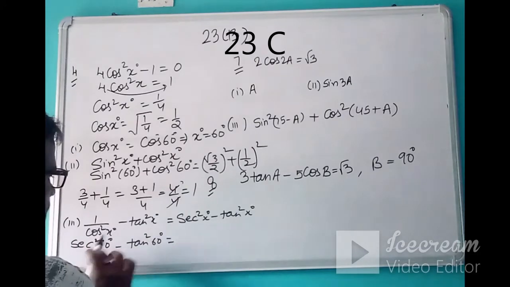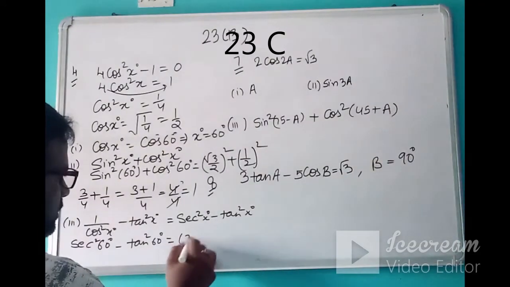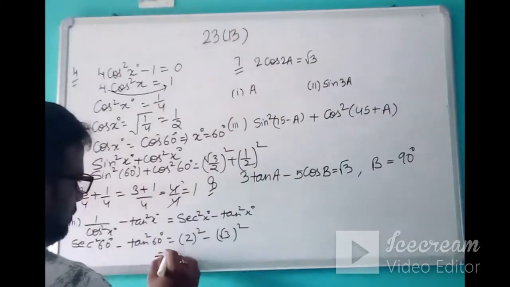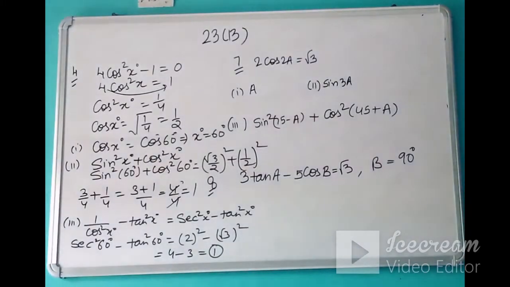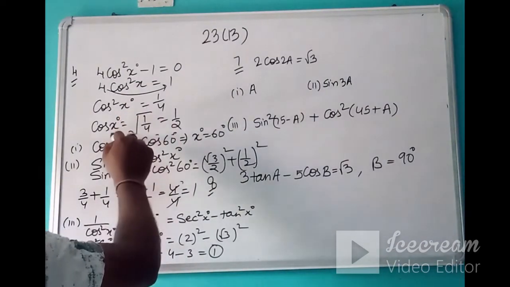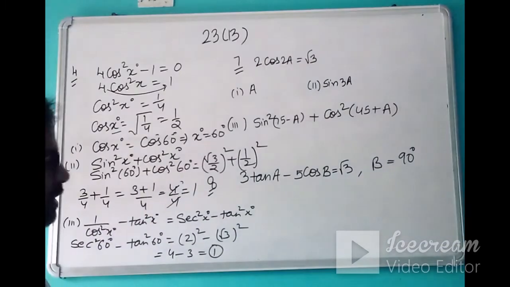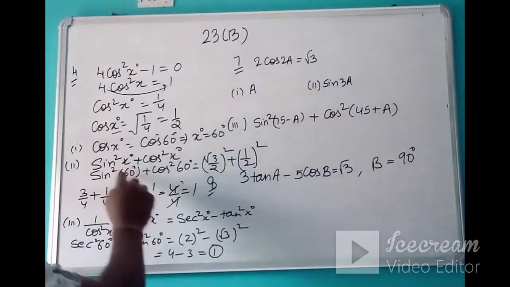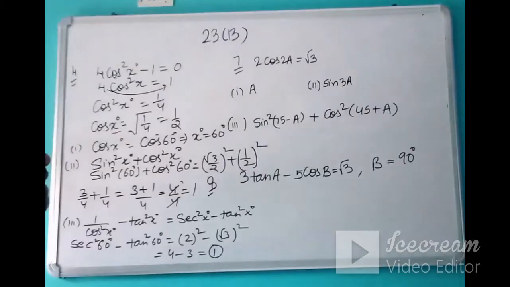So what is sec 60 degree? 2 square minus root 3 square. So 4 minus 3, that is 1. Okay, like this, in questions like this, first you will take out the value of x degree by using the standard values of the trigonometric angles. Then you will put that value into the respective parts in which the value is being asked.